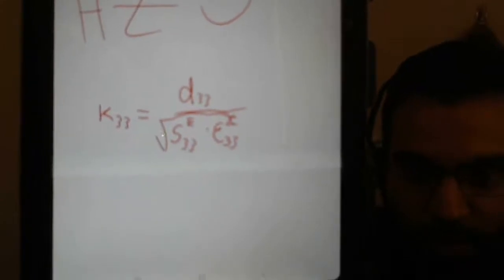K33 is equal to D33 divided by the square root of the compliance in the 3,3 direction multiplied by the permittivity. So this is what you really need to be looking at: K33 is equal to D33 divided by the square root of the compliance and the permittivity.